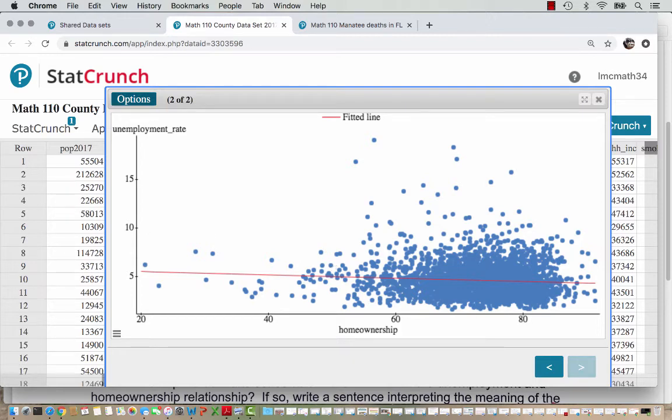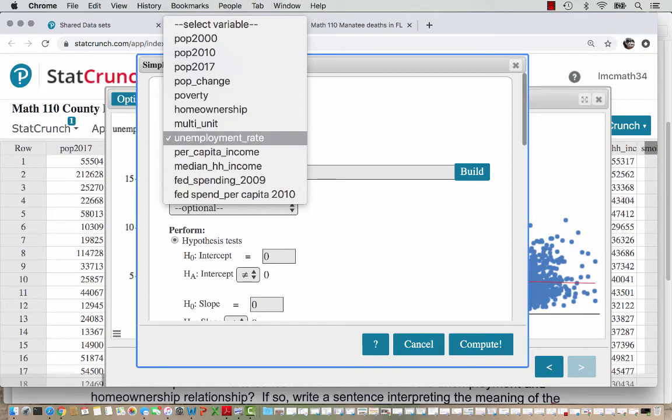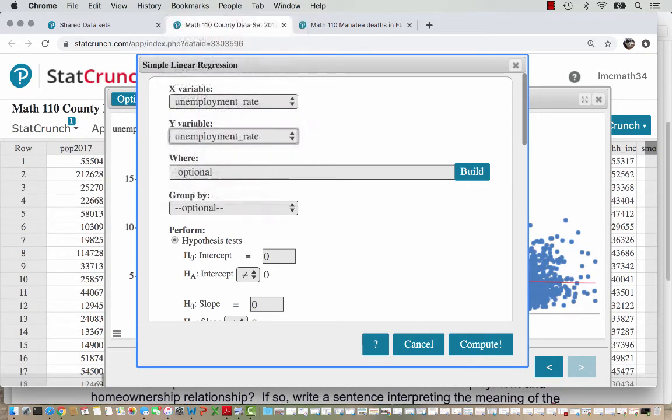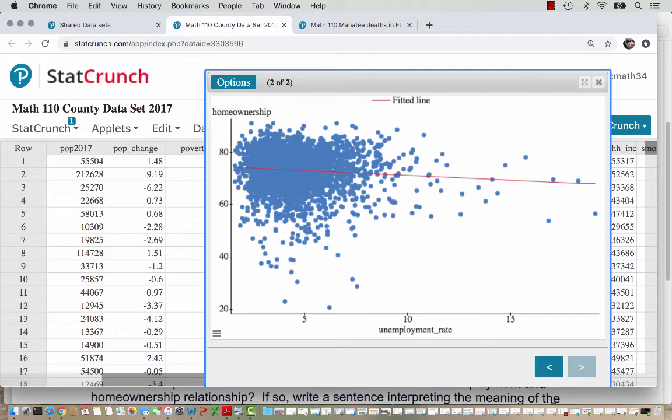So we'll go back to our preferred relationship where x is the unemployment rate and y is the homeownership rate. All right, here's our preferred relationship. You can see the earlier graph was kind of like a mirror image.